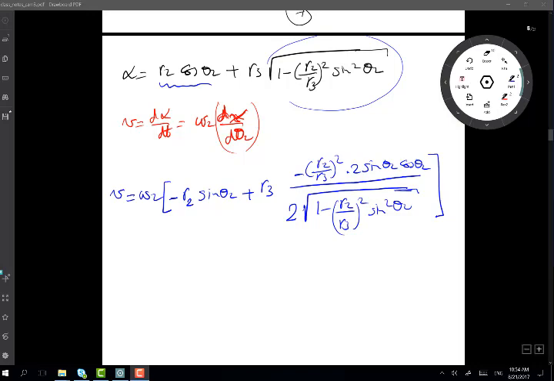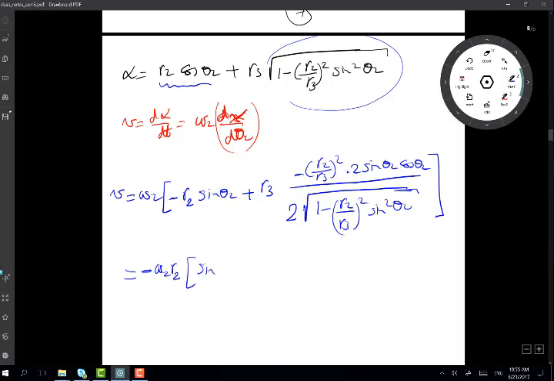This will leave me with the ratio r2 over r3. So if I want to simplify this further, I can take r2 as a common factor, and I can take the negative as a common factor. So I can go r2 omega 2.